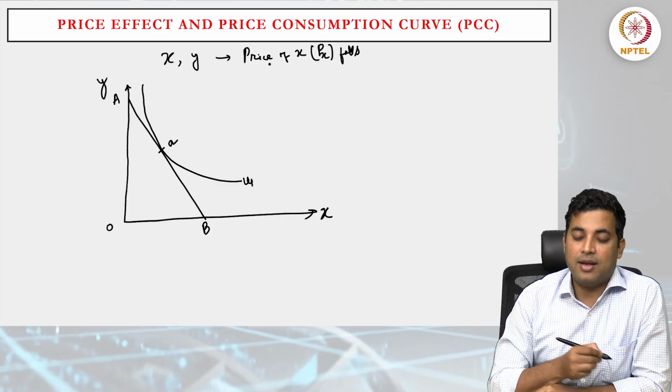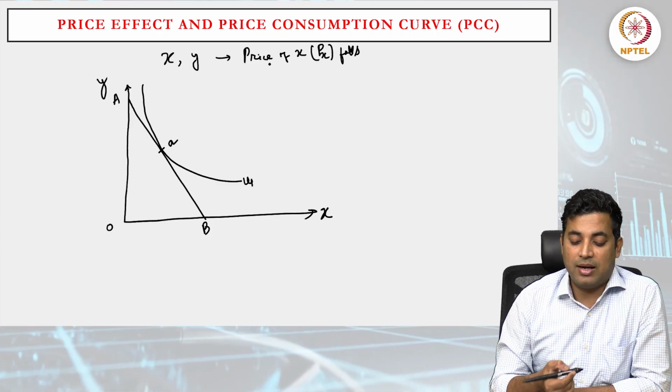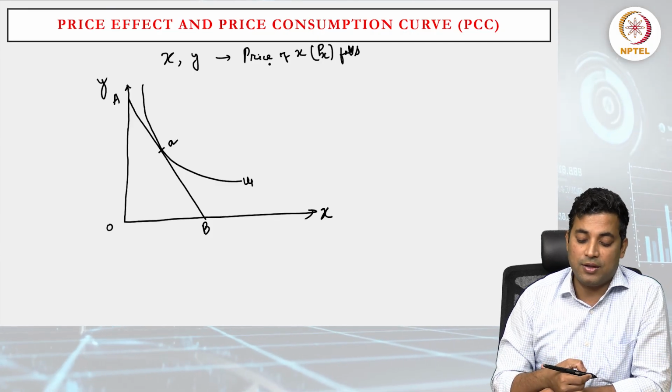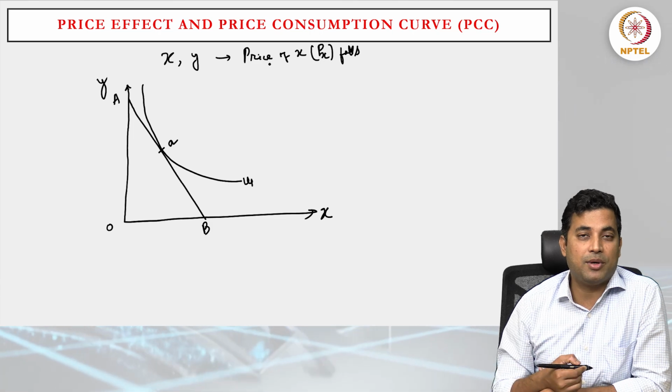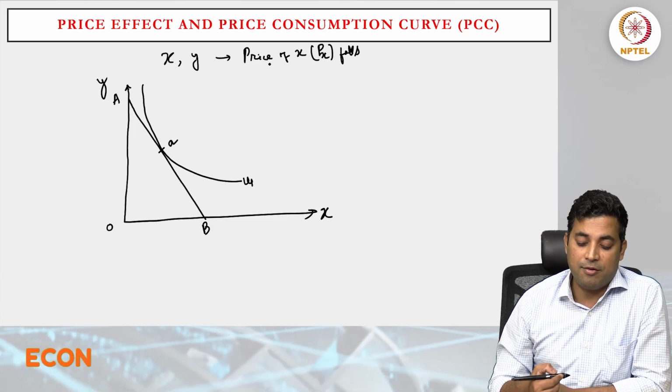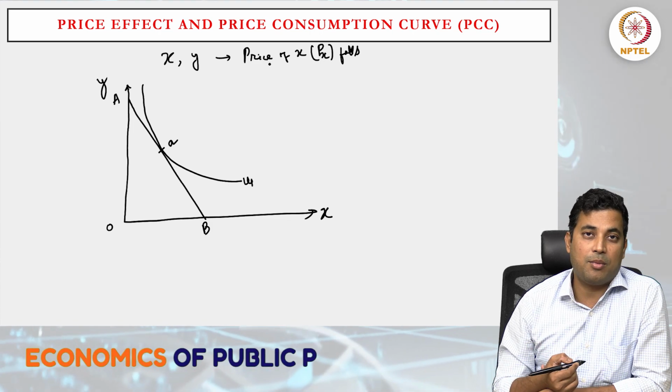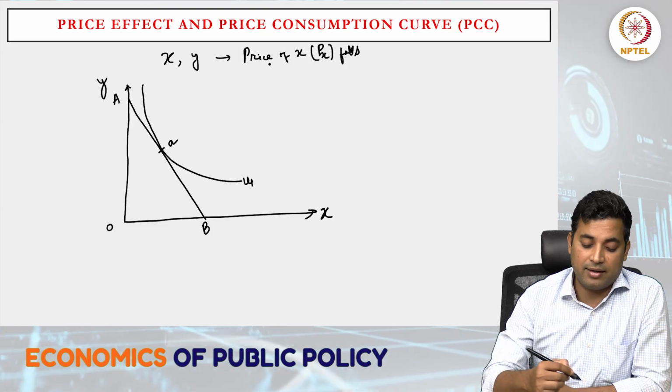Now let's assume that the price of X falls. As we know from the properties of the budget line, if the price of any commodity falls, the budget line will be flatter.